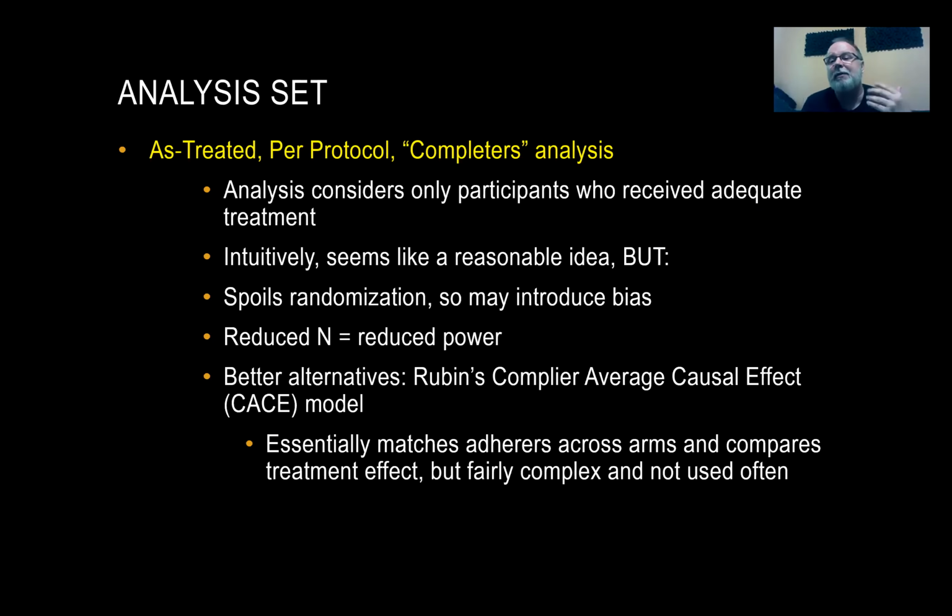Now you have bias due to dropout or side effects. You also have less power because you're throwing people out of the study if they didn't complete. There are some sophisticated models that allow us to do a better job than just throwing people out. We do have to define completers, but these are really sophisticated models, and I haven't seen much of them anywhere in the literature. Next slide.